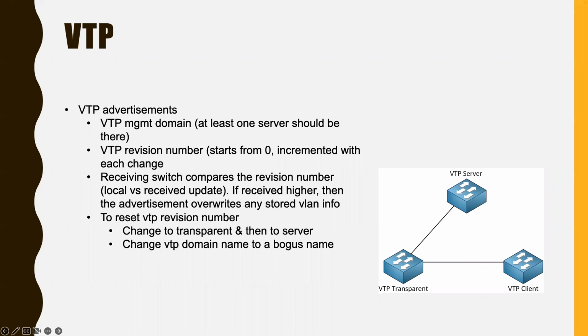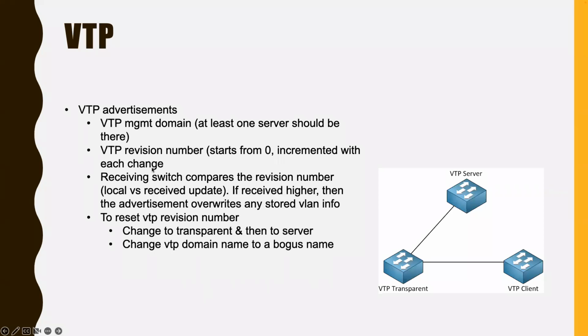When we define the same domain name on all 3 switches, they will be able to understand and read the VLAN information from the advertisements that are coming. And the revision number, as I said, starts from 0 and increments with every change.